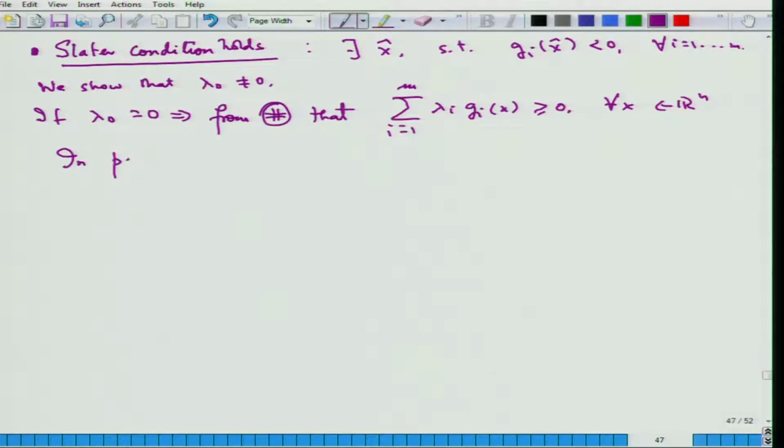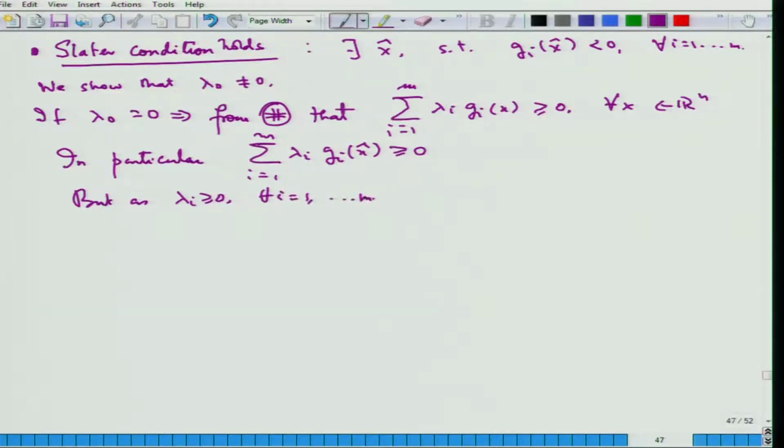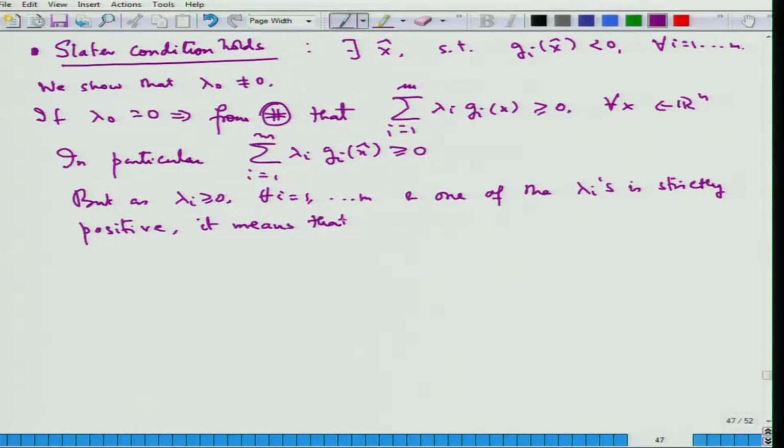In particular, the summation of lambda i g i x hat is greater than or equal to 0. But as lambda i is greater than or equal to 0 for all i equal to 1 to m, and one of the lambda i's is strictly positive, from the Slater condition we have the summation of lambda i g i x hat less than 0.